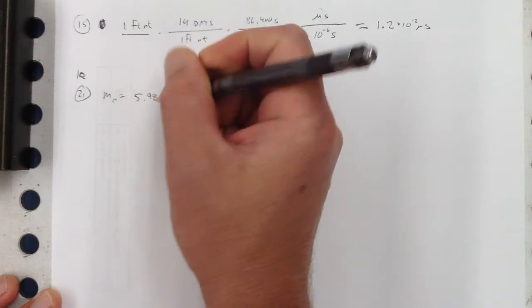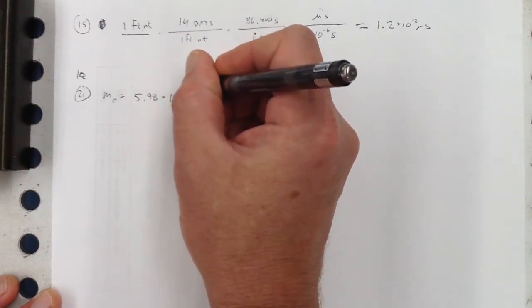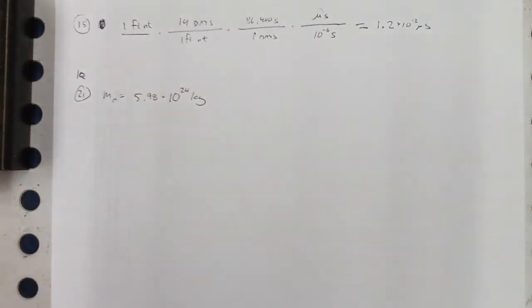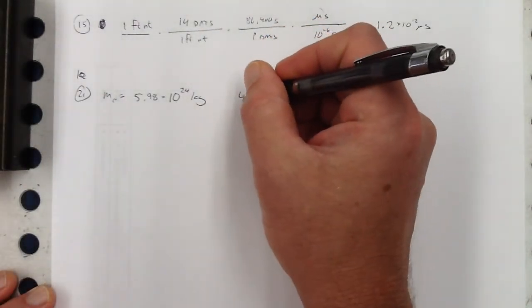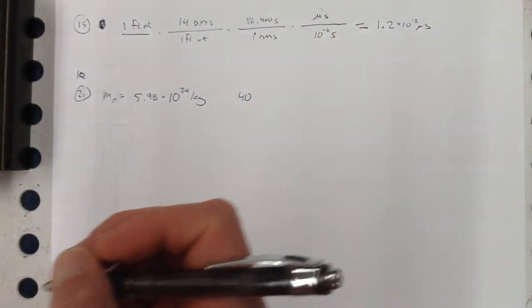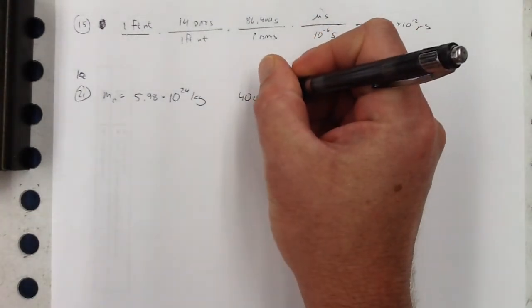Sometimes you see 5.97 times 10 to the 24 kilograms. Average mass of the atoms that make up the Earth is 40 U. And what does that mean? What does that little U mean? That's atomic mass units.